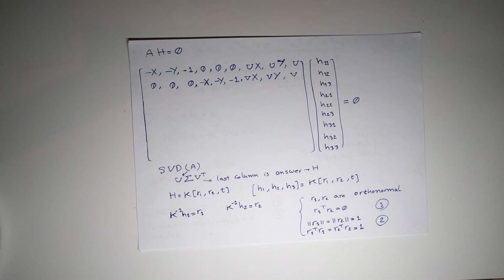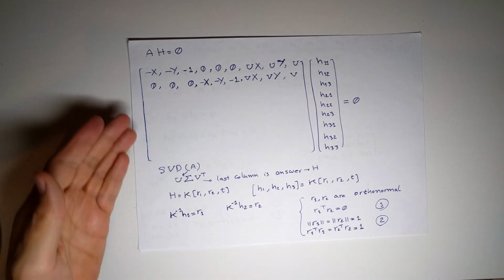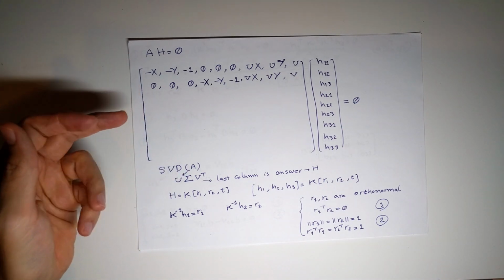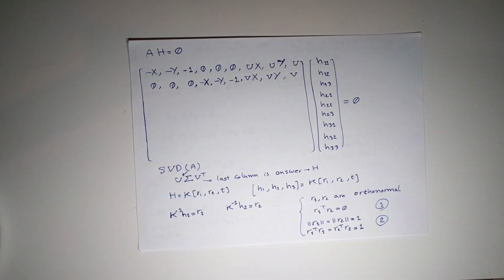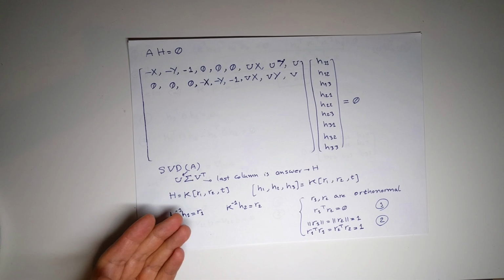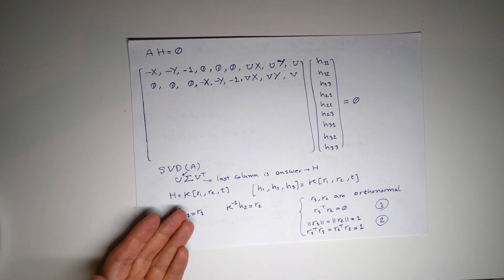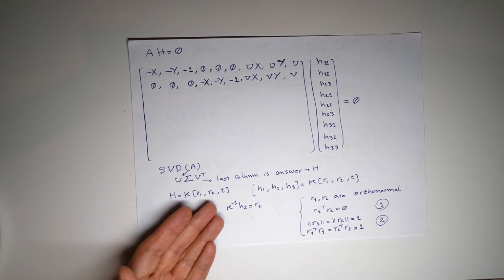So I write it for enough points. I make this matrix, put the rows one by one here in A, compute the SVD, and I will get the H. So H is equal to K times R1, R2, and t.